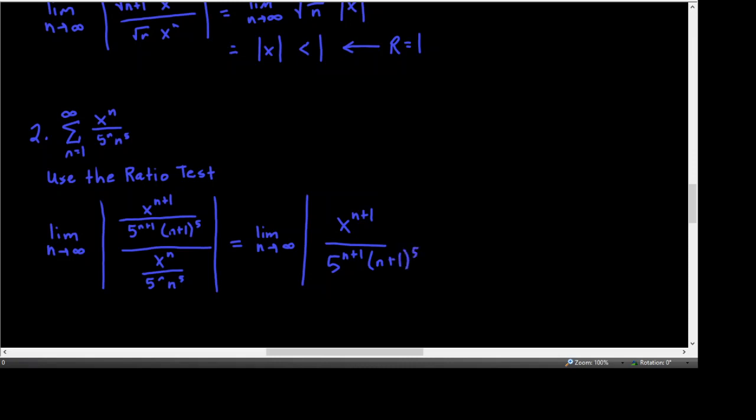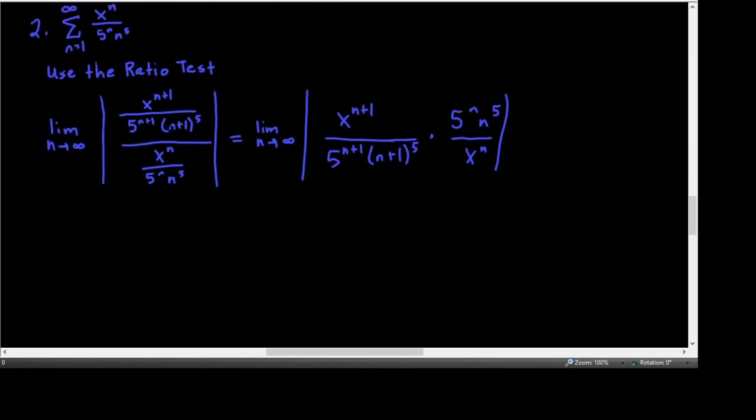To do that division, we're going to change that into multiplication by the reciprocal of that denominator. Let's see what we can do with this.